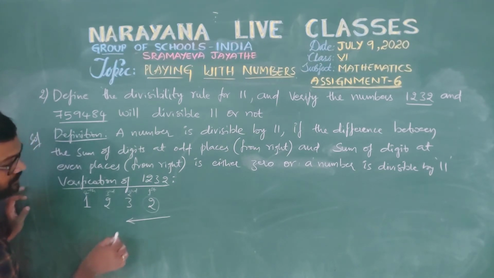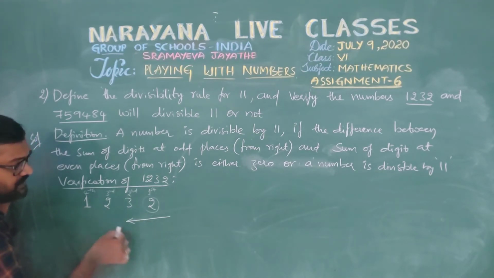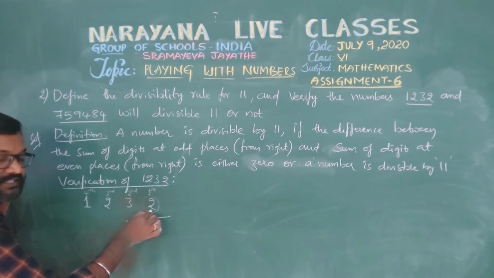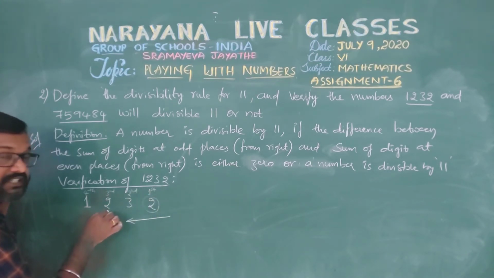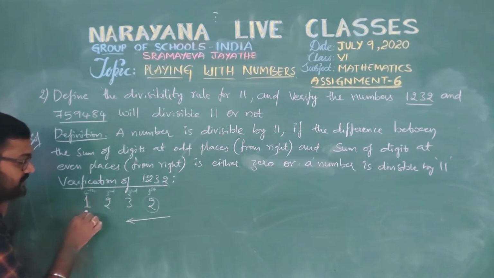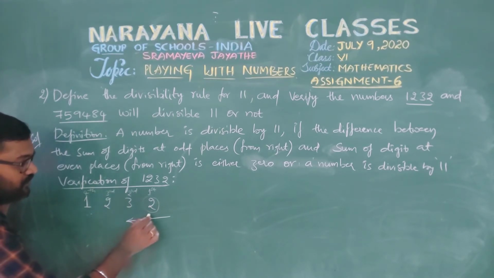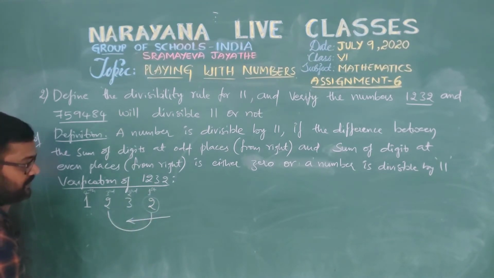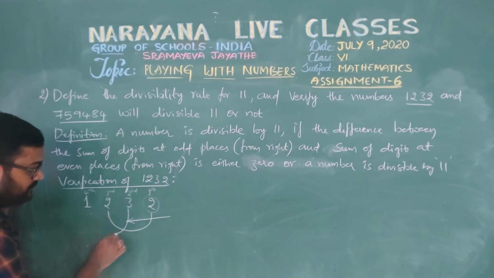Now, what are the odd places? This one is the odd place. This is first place, isn't it? So, this is odd place and this is third place. That is, this is also odd place. 1, 3. So, now, this is second place and this is fourth place. So, these are even places, isn't it? So, sum of these and sum of these.